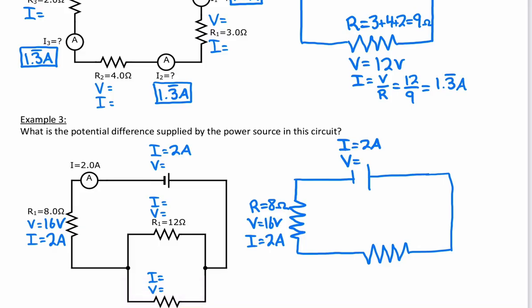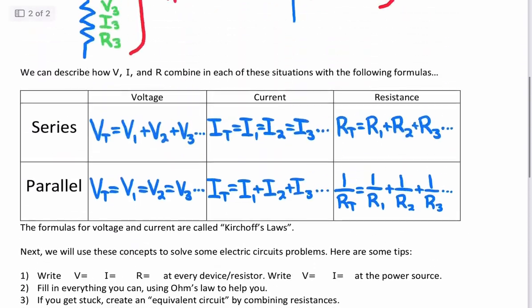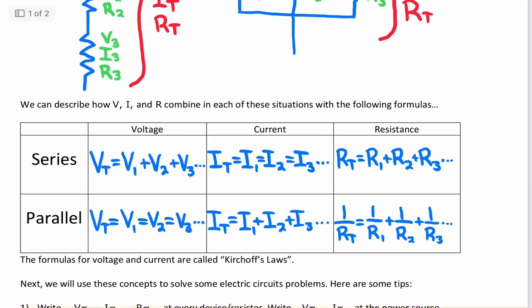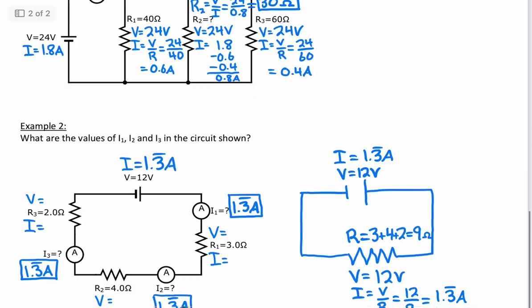Well, to find the total resistance of those two parallel resistances added together, I'm going to use my formula for finding the total resistance when you combine resistances in parallel. So that is this formula with all the fractions in it. And let's start by copying it out down here where we're going to need it.